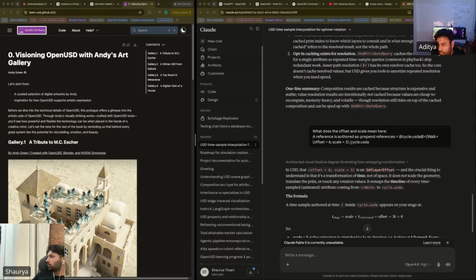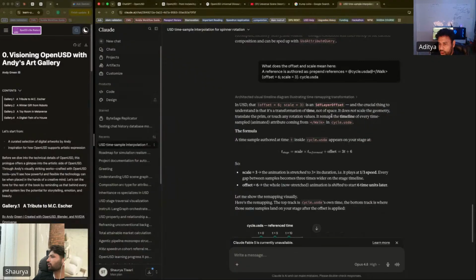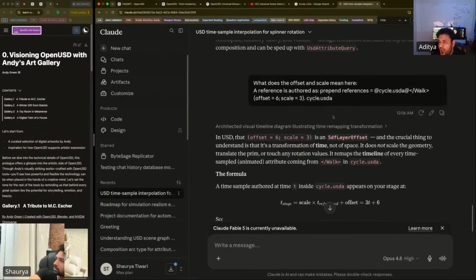Okay, so in USD, offset is equal to 6 and scale is equal to 3, in an SdfLayerOffset. The crucial thing to understand is that it's a transformation of time, not space.